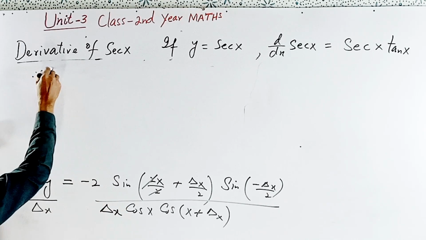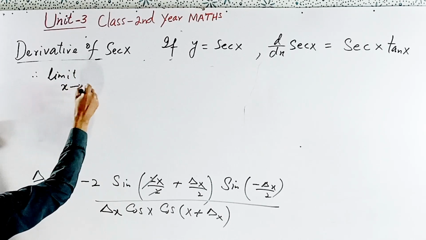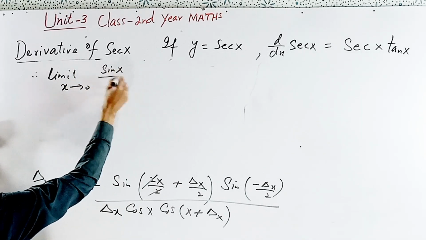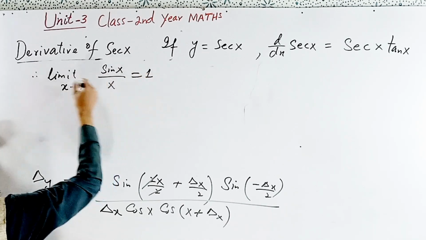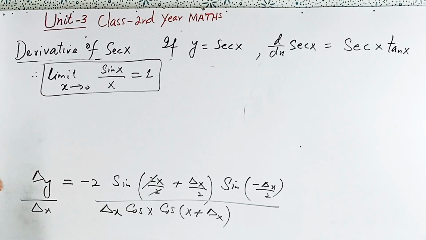We can write the limit formula: limit of x tends to 0, sin x divided by x is equal to 1. We have already discussed that in chapter number 2. So this is the formula.